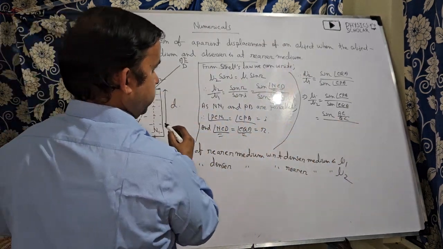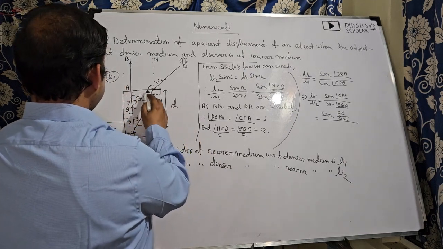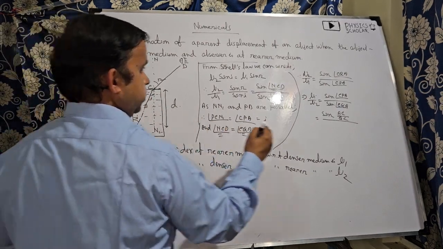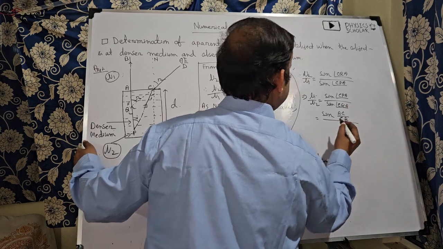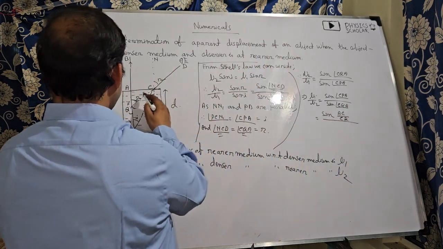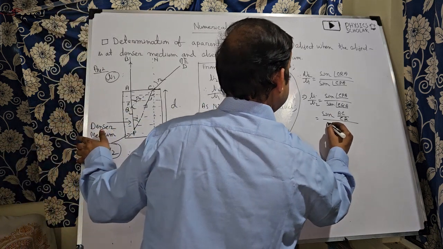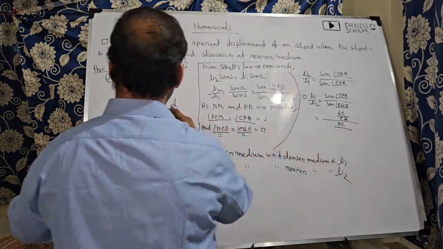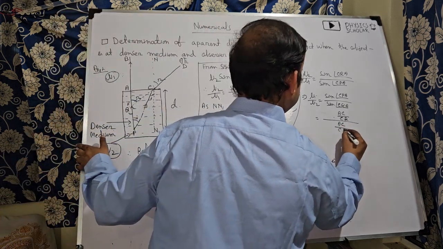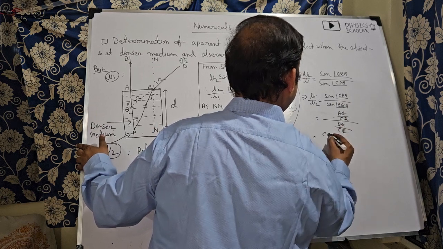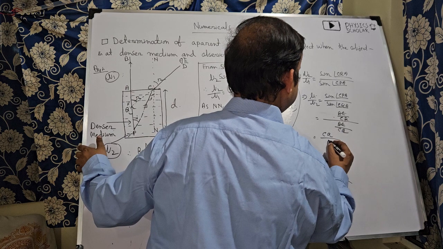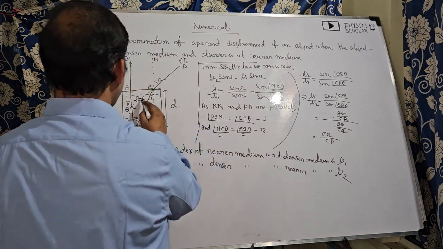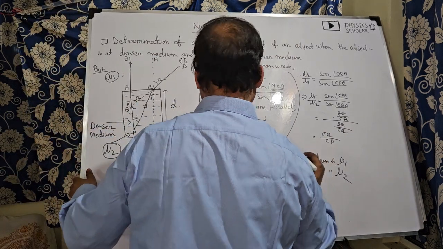Sine CQA means perpendicular AC by hypotenuse CQ. So AC will be cancelled. Therefore CQ by CP.